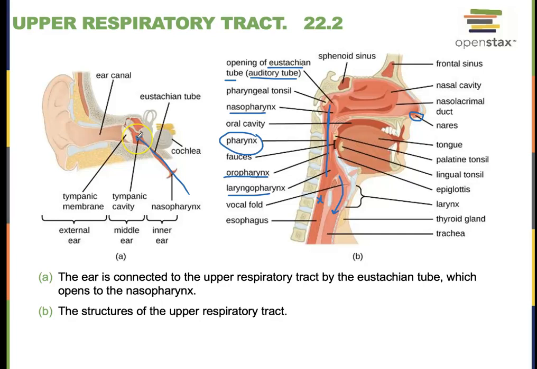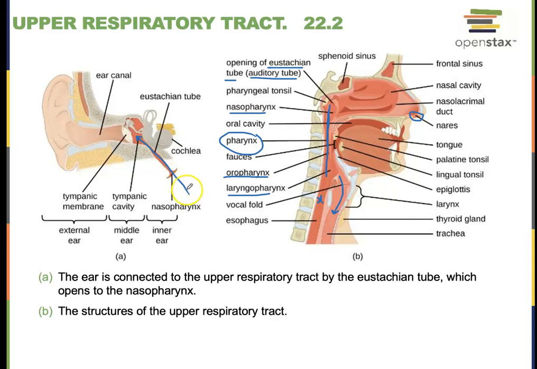Then you quote unquote pop your eardrum, and then you can hear again. When you pop your eardrum, you're actually just opening up this eustachian tube, because this is a closed off tube most of the time. So when you open your mouth really wide in a yawn, or when you swallow, it helps to open up this tube and it equalizes the air pressure instantly.